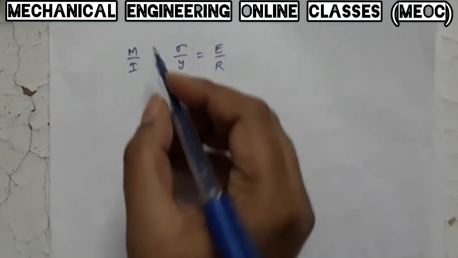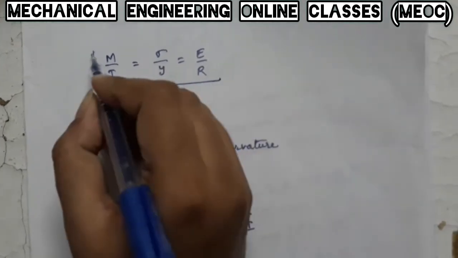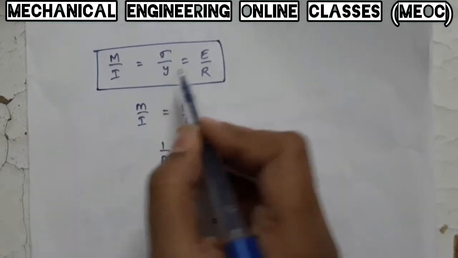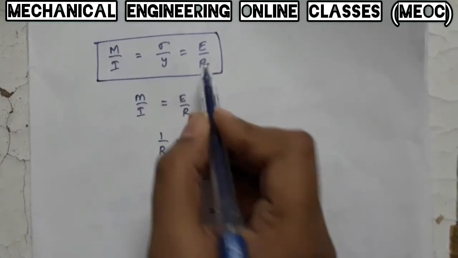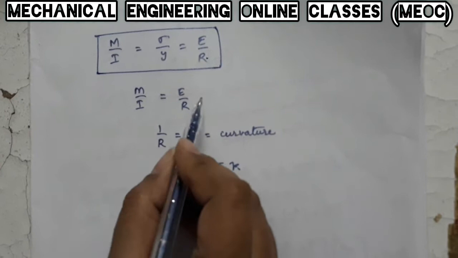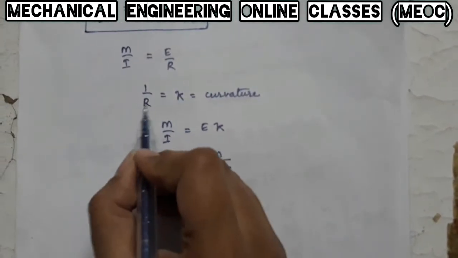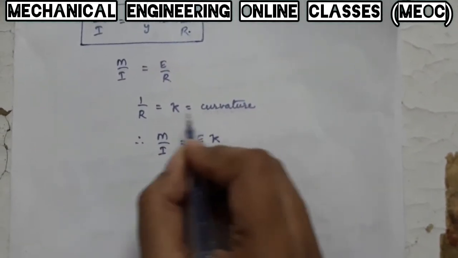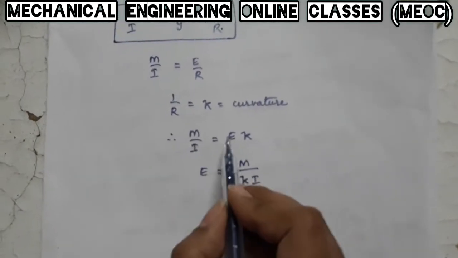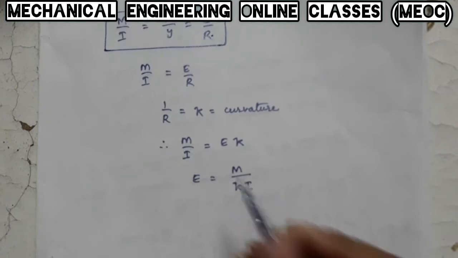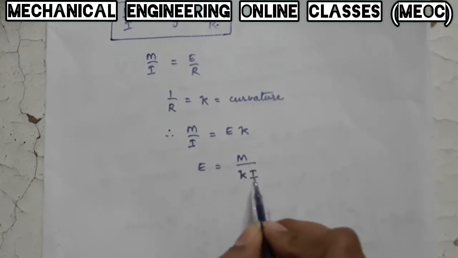The bending moment equation is M by I is equal to sigma by y is equal to E by R. Now I am considering the first and last terms. M by I is equal to E by R, where 1 by R is the curvature denoted by K, which we are using. So M by I is equal to E into K. So E is equal to M by K I.